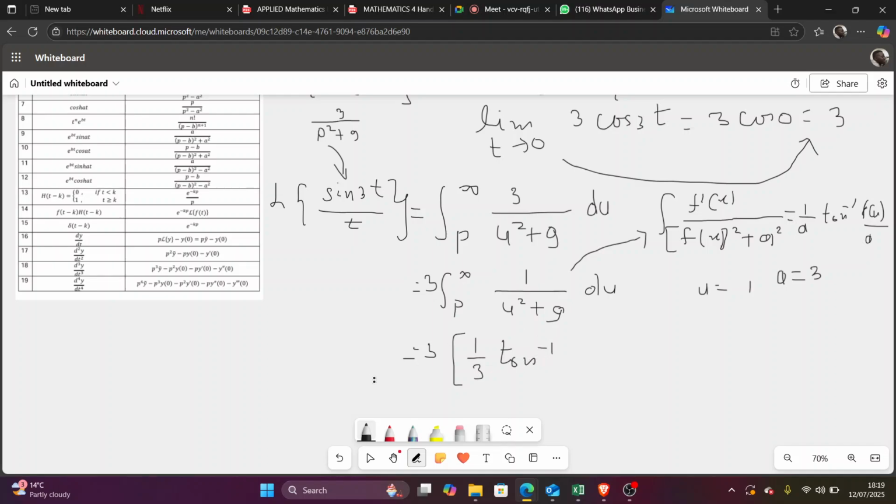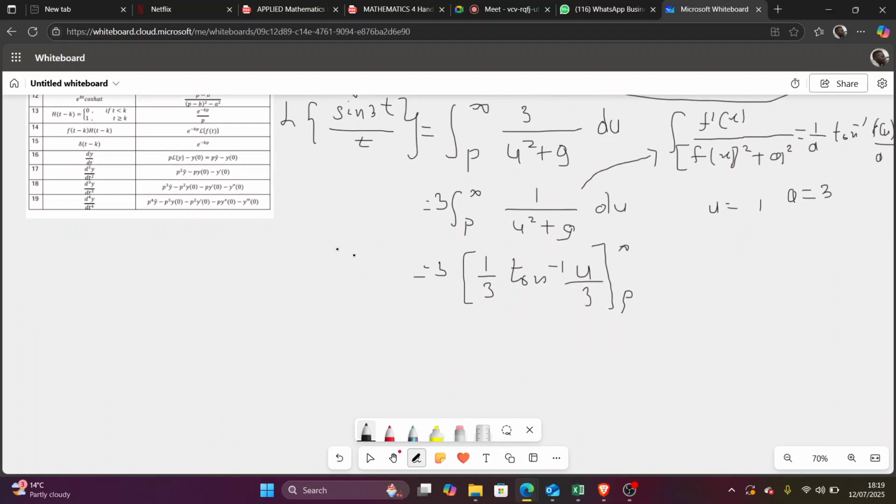of, what is f of x? F of x is u, u over, what do we have? A. A is 3. Now your limit is from p to infinity. This is basically integration, so you will be solving upper limit minus lower limit. If you want, you can keep these 3 outside or bring it inside to make it easier for you.